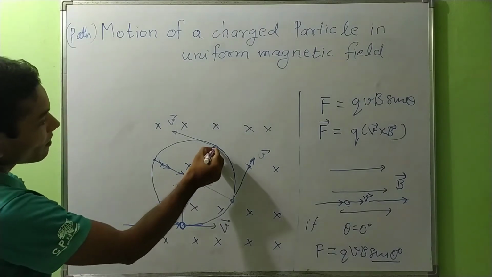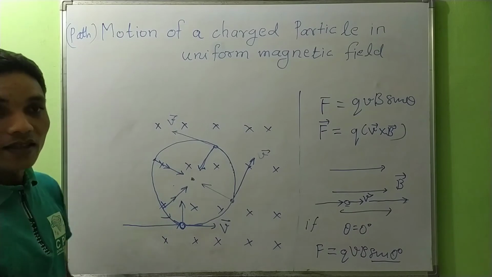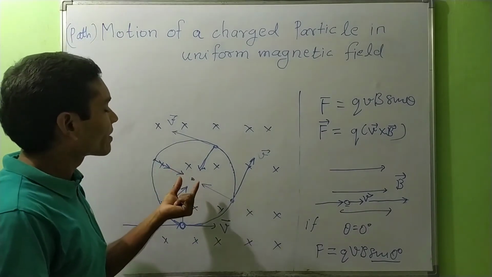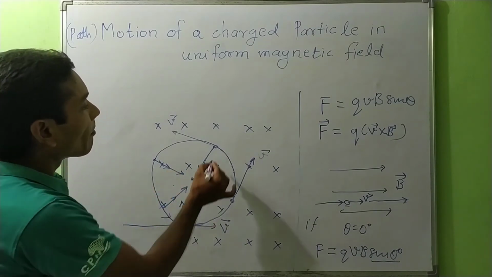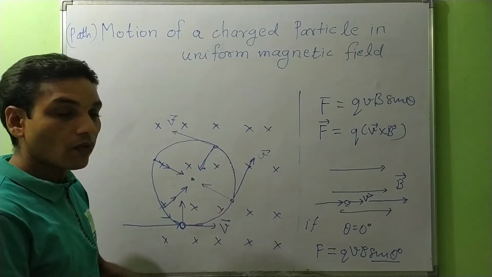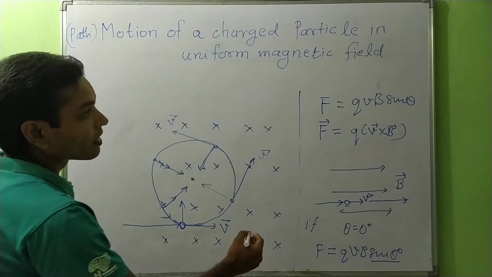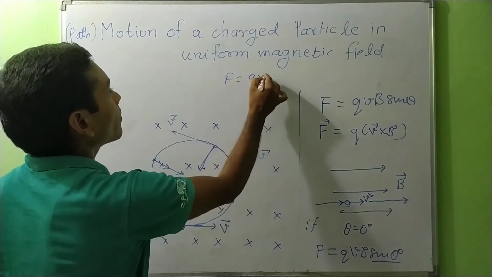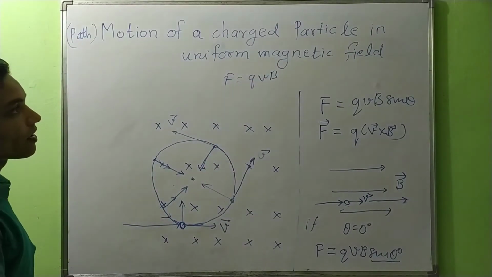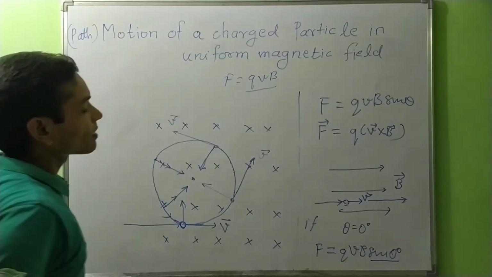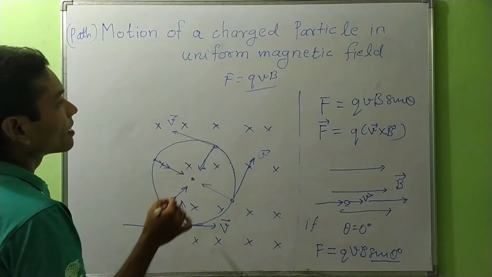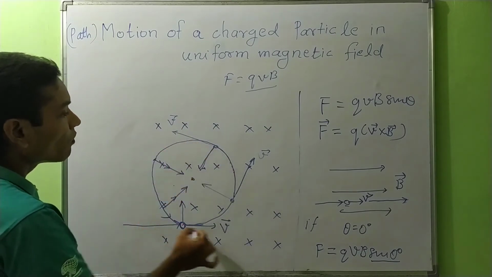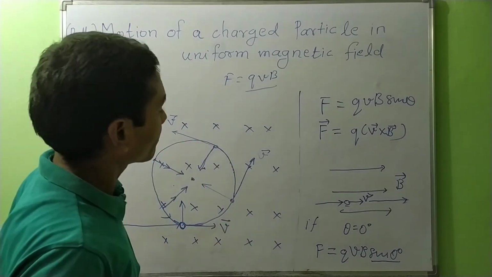So we can say that this force is the centripetal force. Here the centripetal force is provided by the magnetic force. Which magnetic force? The maximum magnetic force F, which will be QVB. This magnetic force provides the centripetal force to this moving charged particle.